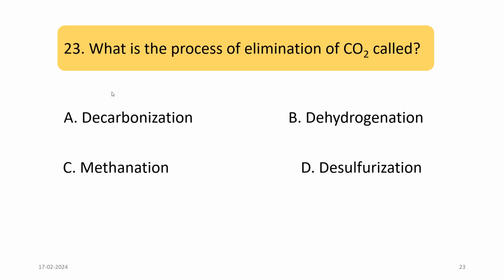Next is, what is the process of elimination of CO2 called? While producing ammonia, there might be some impurities, that is carbon dioxide too. We have to eliminate the carbon dioxide to get the pure ammonia. So what is this process called?